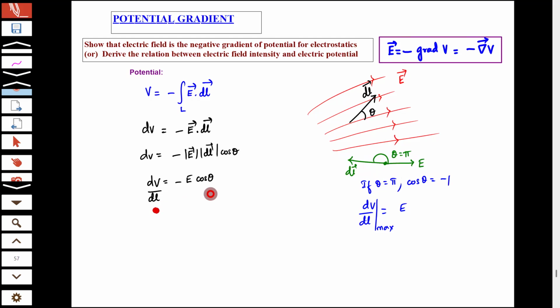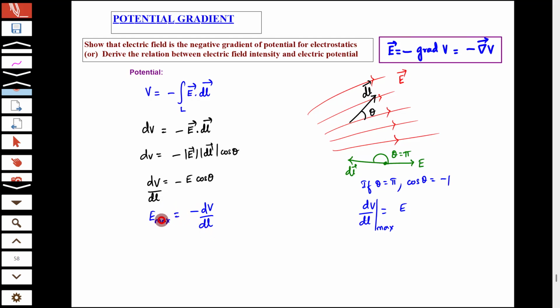But from this expression, let us now consider the maximum value of dV by dl is E, which occurs at an angle of pi, meaning E and dl are opposite in direction. Now we can write the maximum value of this expression, which is E maximum is minus dV by dl.